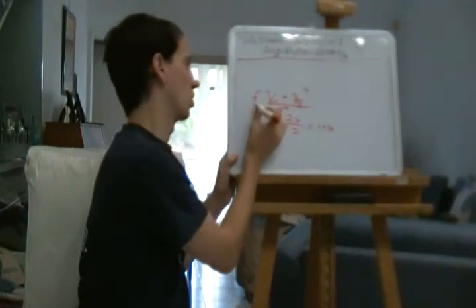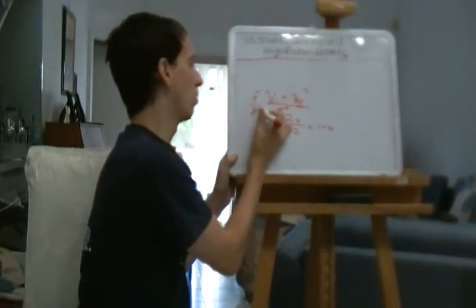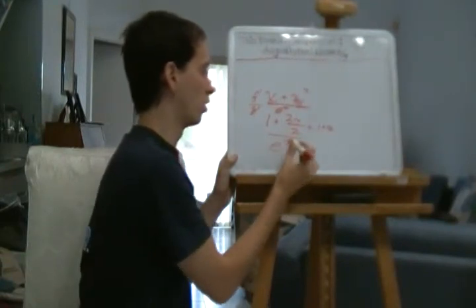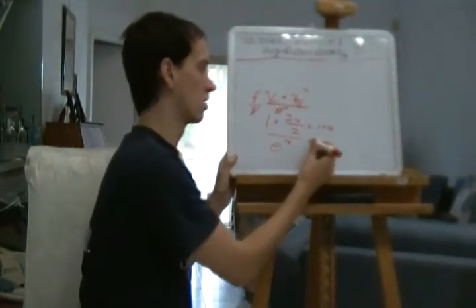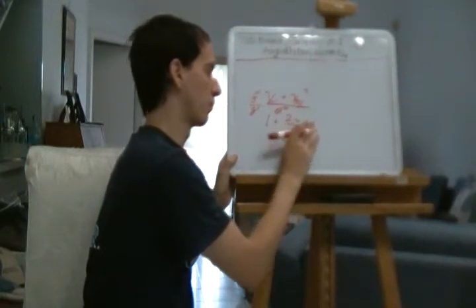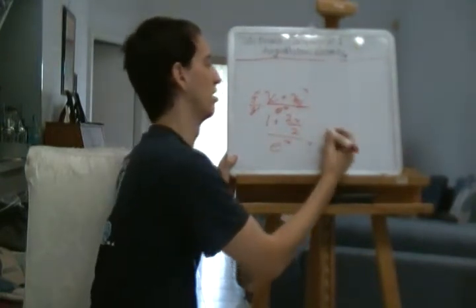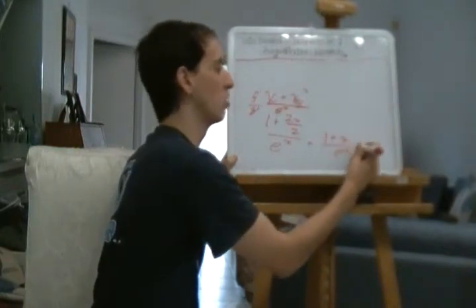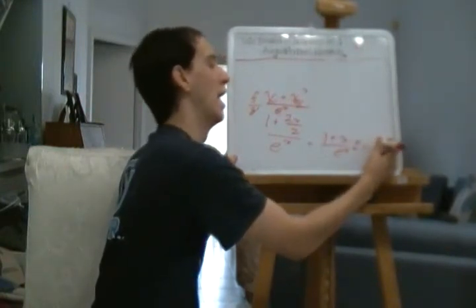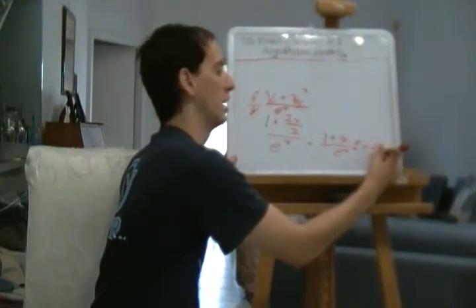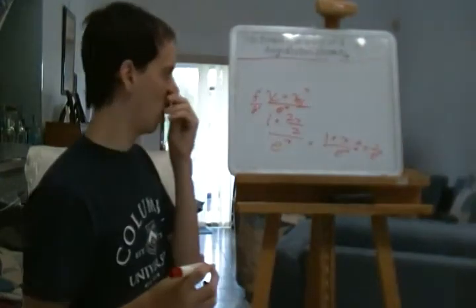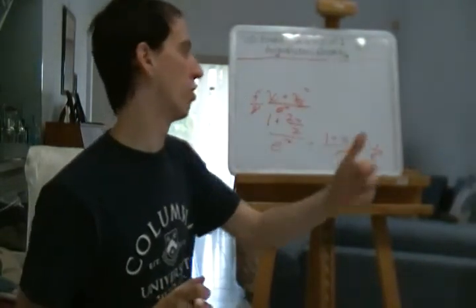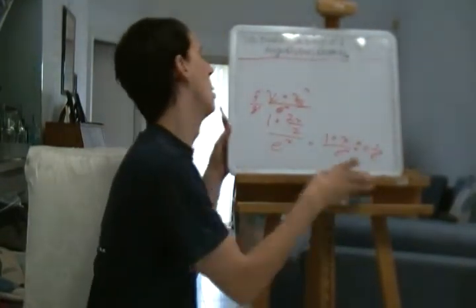This isn't indeterminate, but go ahead. F prime over g prime, you'd get 1 plus 2x over 2 over e to the x, which turns into 1 plus x over e to the x, and you can just use L'Hopital's rule again and get 1 over e to the x. So that's an idea of how you could use L'Hopital's rule multiple times.